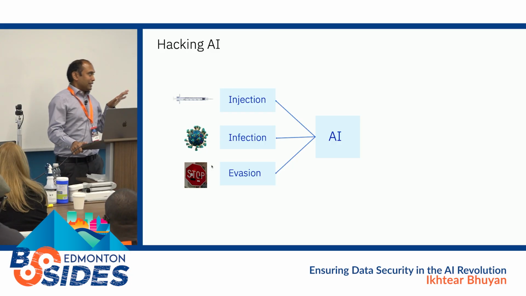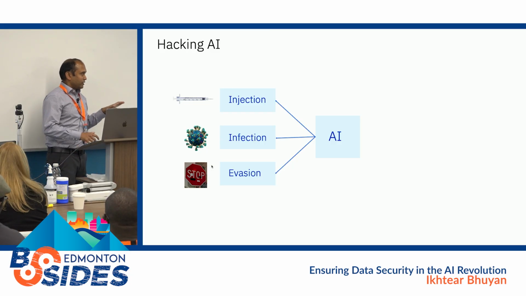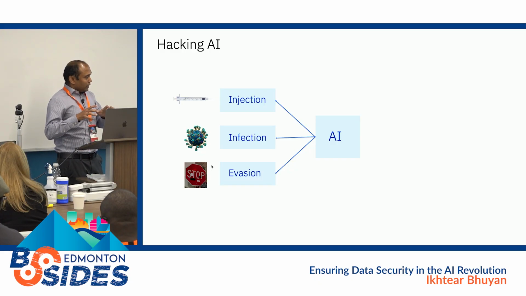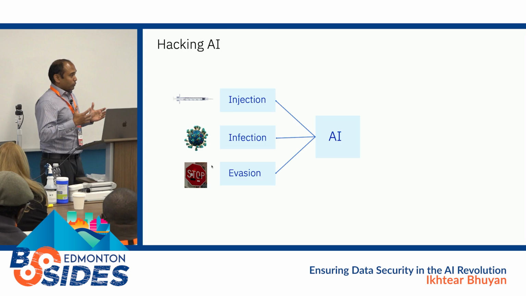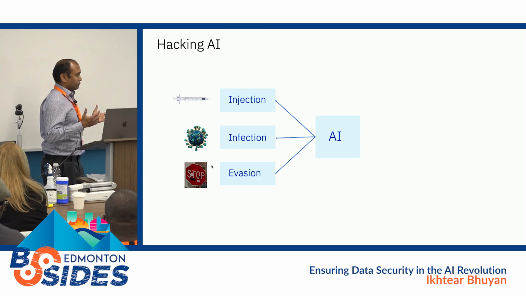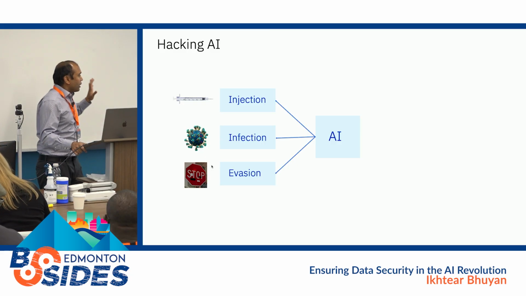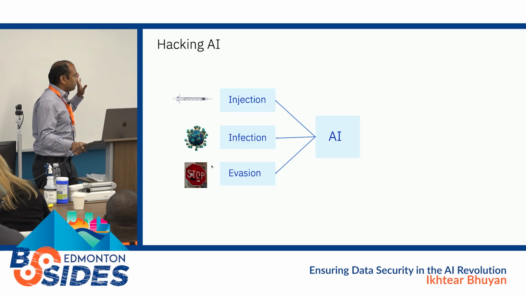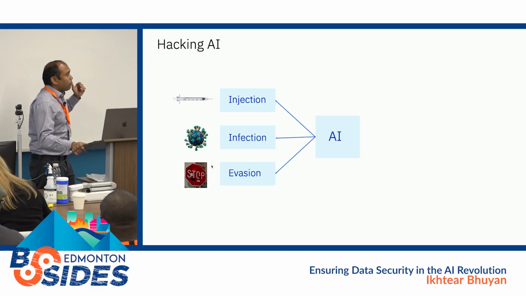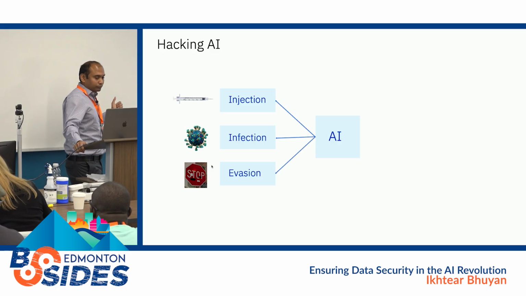For me, it doesn't make any difference, because it's a stop sign. The model, if it is not trained enough, will probably think of this as a speed limit, so the car will keep driving at 60 kilometers per hour. I'm just giving you an example. So that's another kind of AI hacking technique that the bad guys are using.